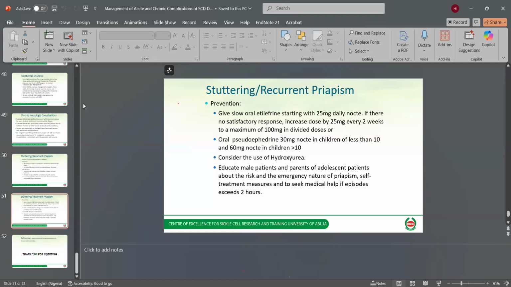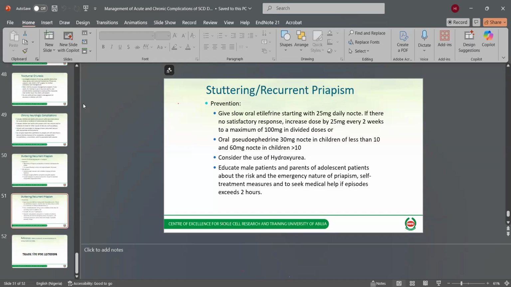But we can also do that pharmacologically using hydroxyurea. Hydroxyurea is a disease-modifying agent. It will not really alter the gene mutation that has occurred and is causing the problem and complication. But what hydroxyurea does is that it increases the fetal hemoglobin.